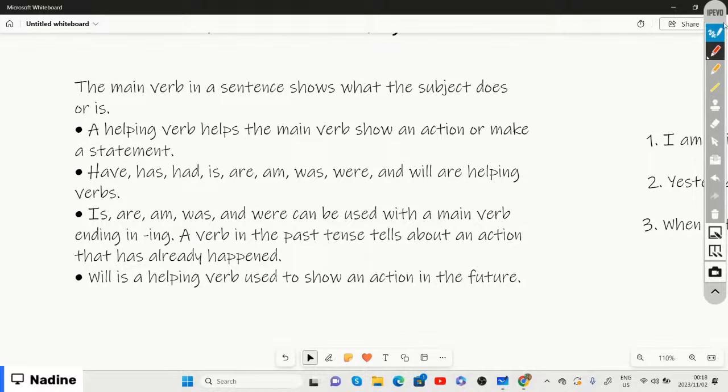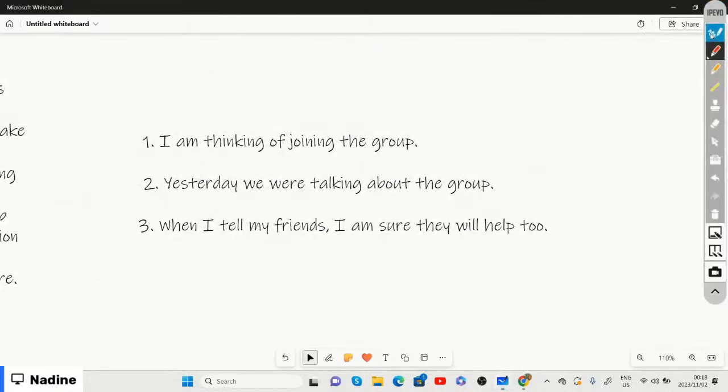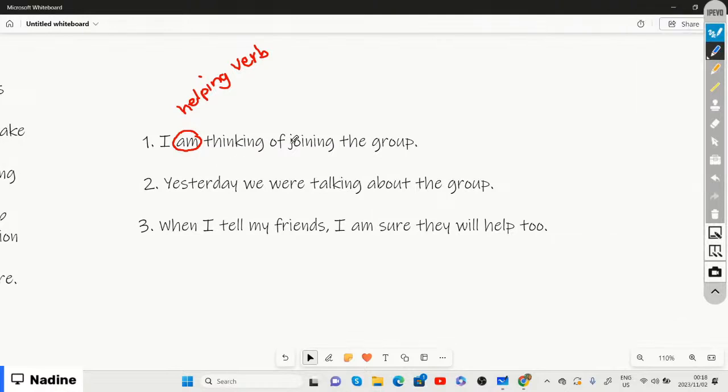So basically, am is our helping verb, and then we have thinking, which is our main verb. So am is basically helping the main verb to show action.